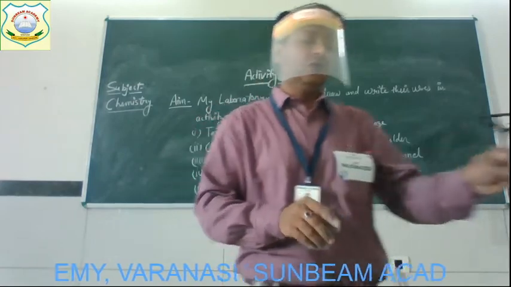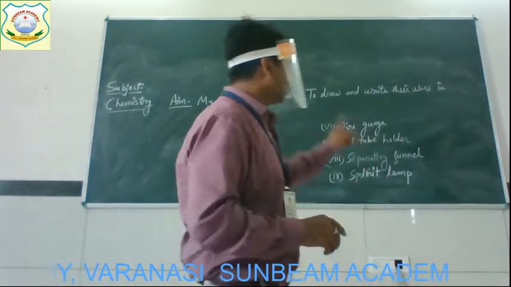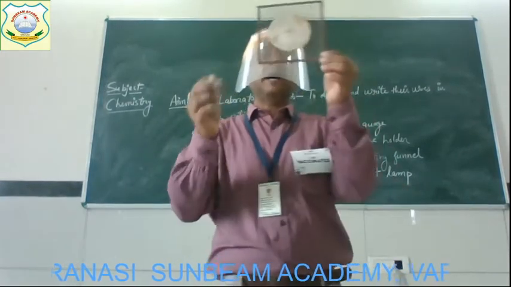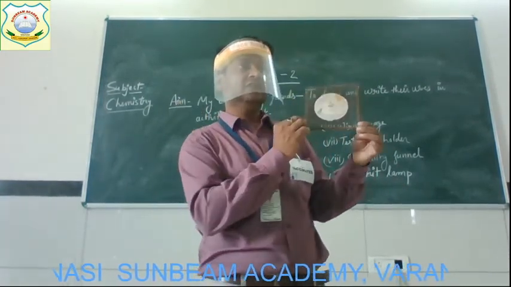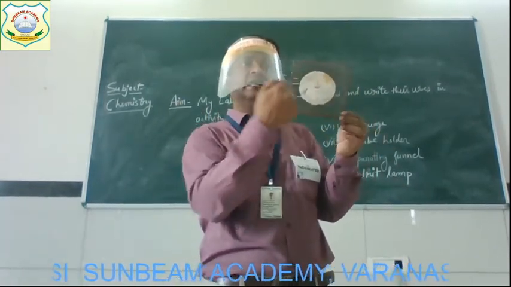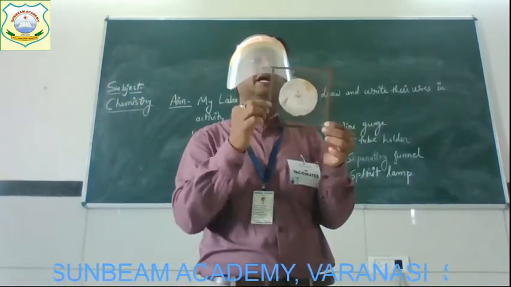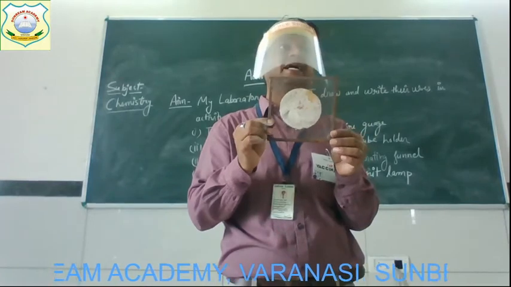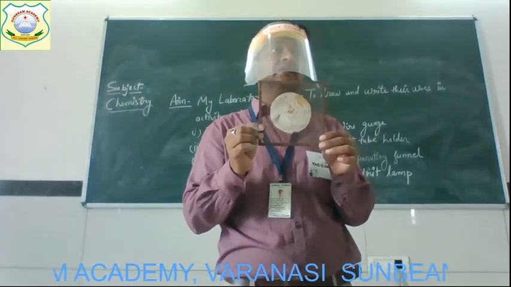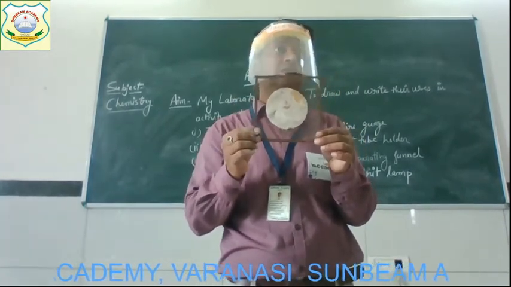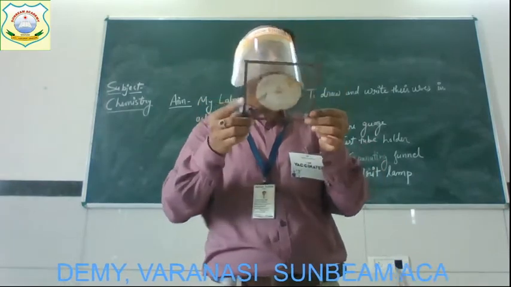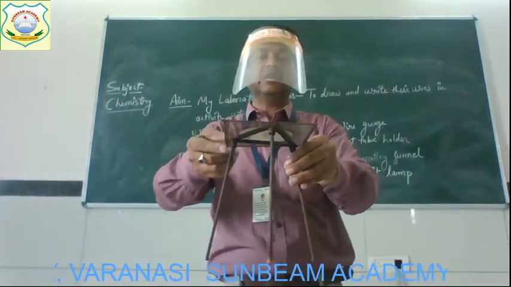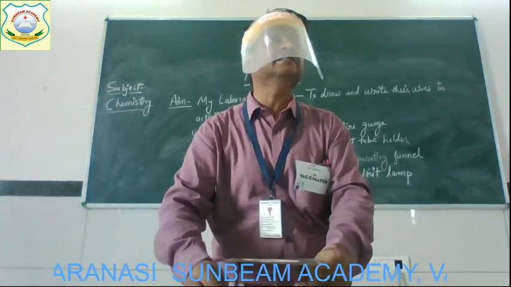Okay. Now the next friend is the wire gauze. Children, this is a wire gauze. A net-like structure which is made up of wire, not of plastic or thread. This wire is made up of metal, and this wire gauze is used to keep above the tripod stand at the time of heating something.